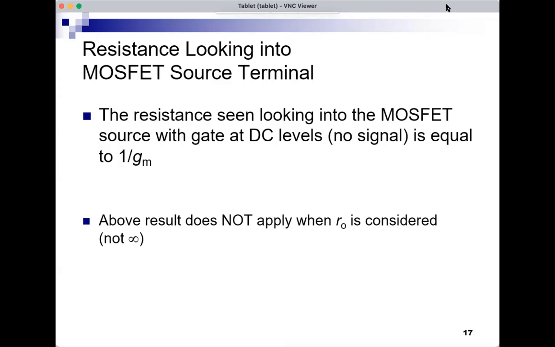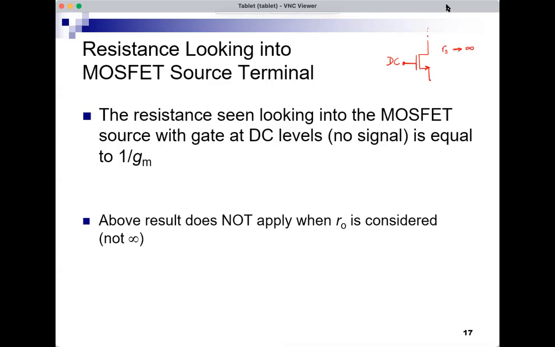This is the result of the previous slide when we calculated the input resistance, looking into the source of the MOSFET with DC at the gate and no RO. So here's a MOSFET with some DC voltage here and no RO. So this is kind of important in this case.